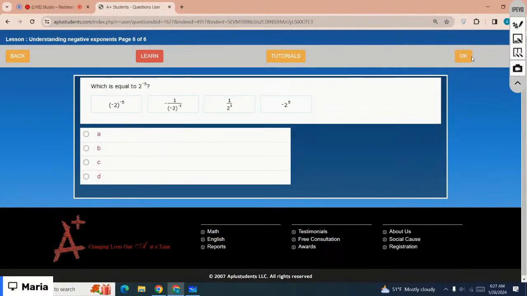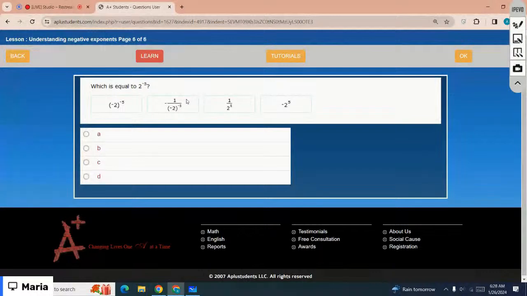The next one is which is equal to 2 exponent negative 5. Which option is the correct one? The correct option is option number 3.